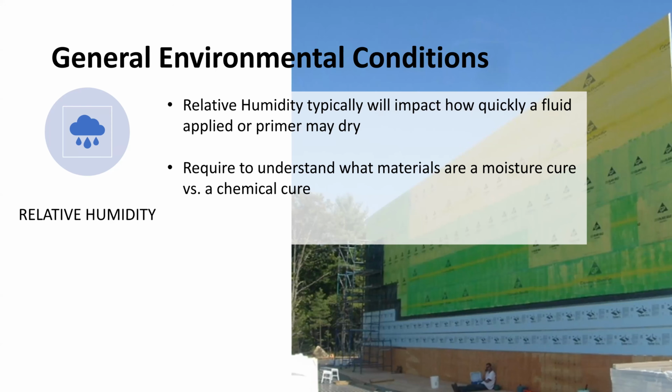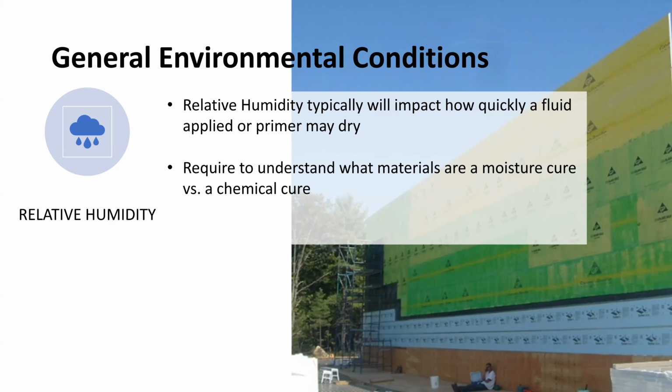Okay. So relative humidity tends to impact cure and tends to impact some of the chemical components within, say, something like spray foam, so you do need to be concerned about these general environmental conditions when it comes to relative humidity. So if we add those three things up, we need to be concerned about ambient temperature, substrate temperature, and relative humidity.